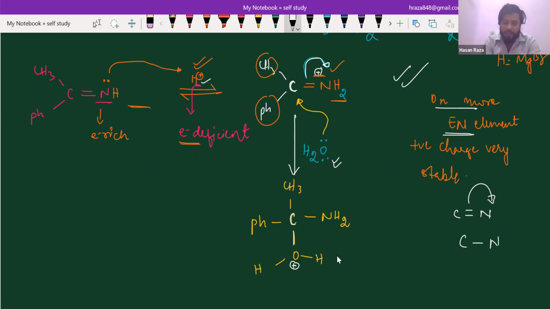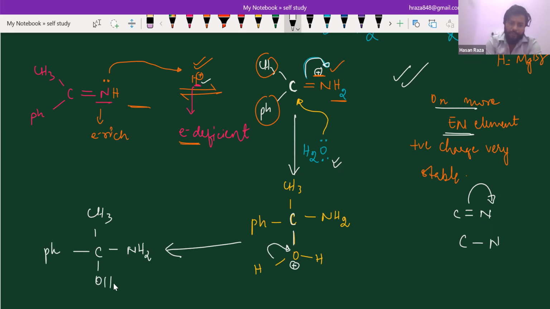Oxygen is the second most electronegative element. So what will happen here? Oxygen will take an electron from hydrogen and it will satisfy itself. So it will be CH3, then NH2, then pH, and now it's OH. Is that clear?